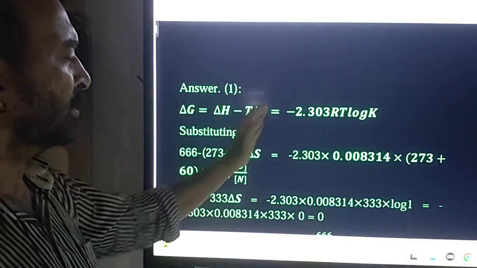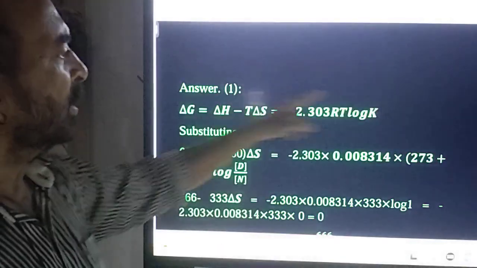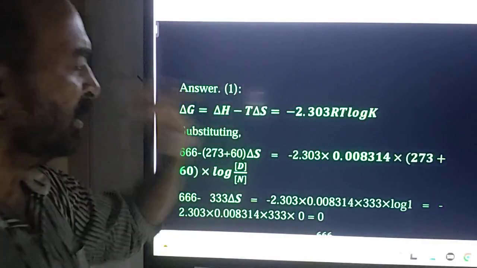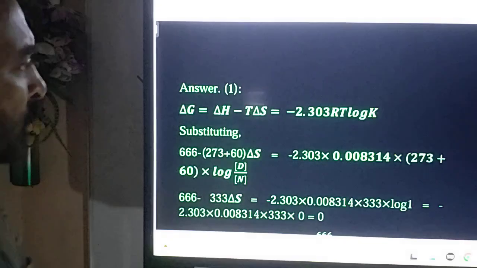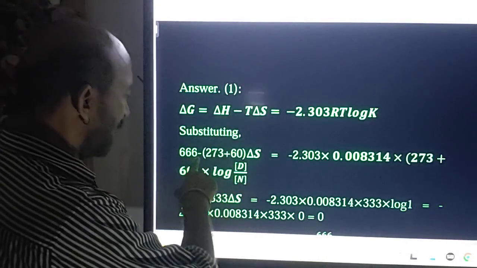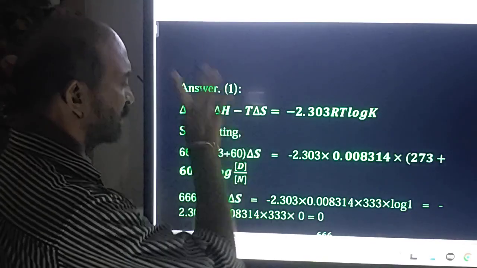Delta H minus T delta S is equal to minus 2.303 RT log K. Delta H is there, log K, so K is there, delta S is there, T is given, R we know. So we can substitute. See, delta H is given as 666 kilojoule, minus T, which at 60 degrees Celsius is 273 plus 60.